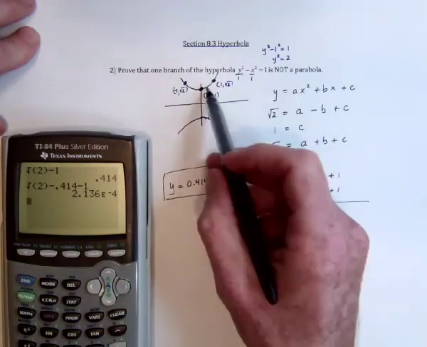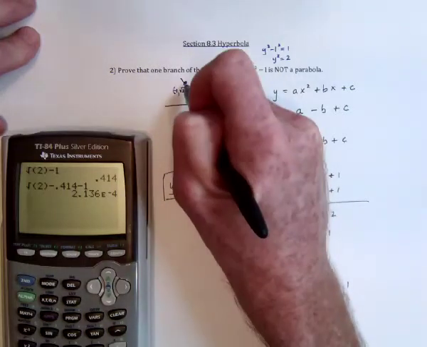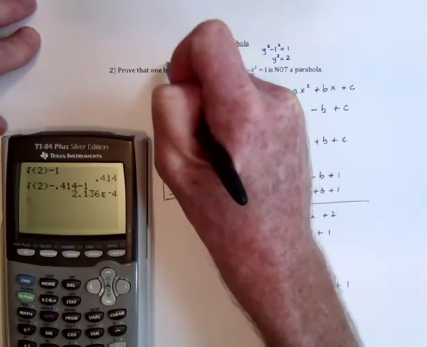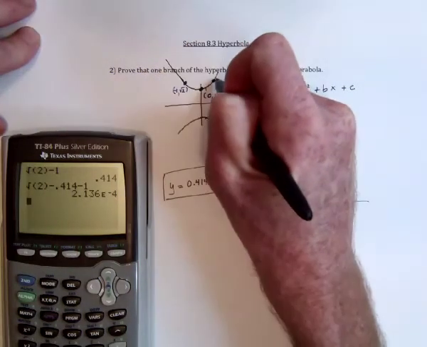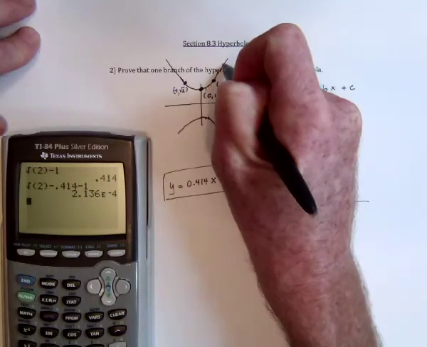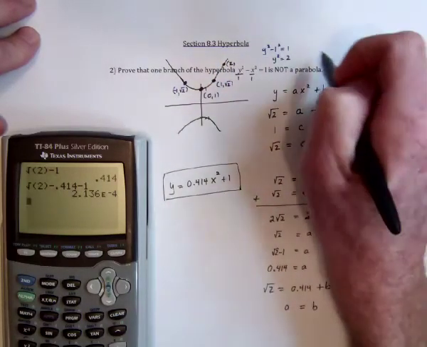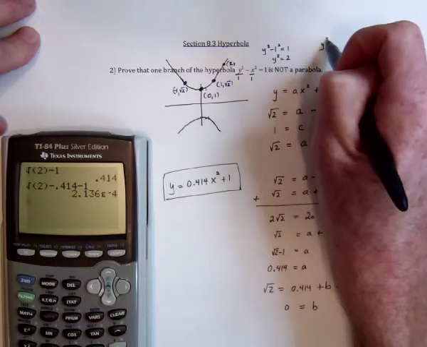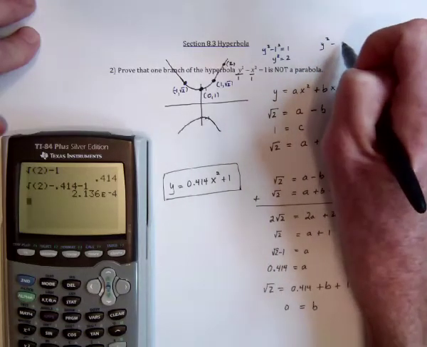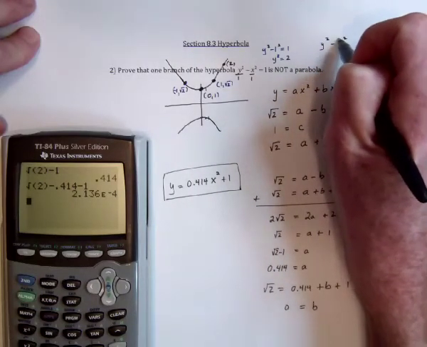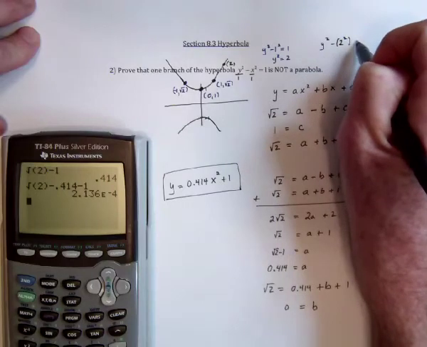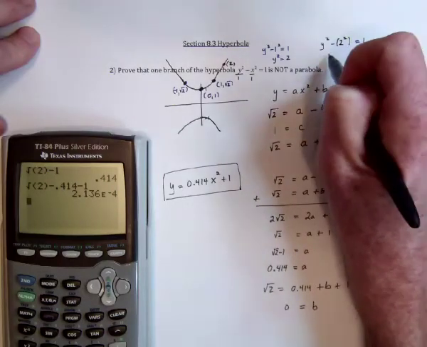Well, just pick one more point that's on the hyperbola. So let's say we go out farther to where x is equal to 2. So then we would have y squared minus 2 squared equals 1. So this is going to be 4.